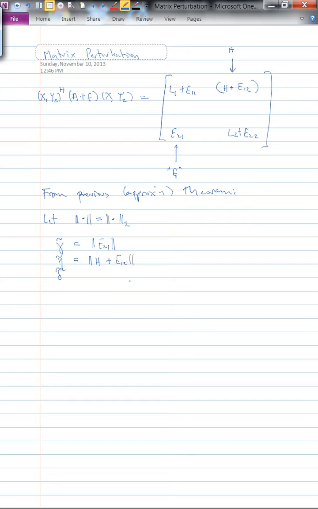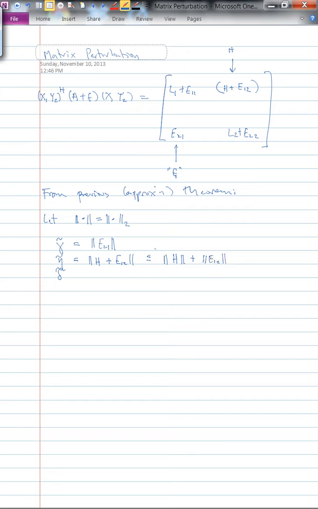So this is not very nice here because we're talking about perturbations, and I don't want to know about H. H is not a perturbation. H is part of my matrix A, but I don't want to have anything that depends on the specific structure of the perturbation other than its size. But it's easy, just using the triangle inequality, to bound this by the norm of H plus the norm of E12.